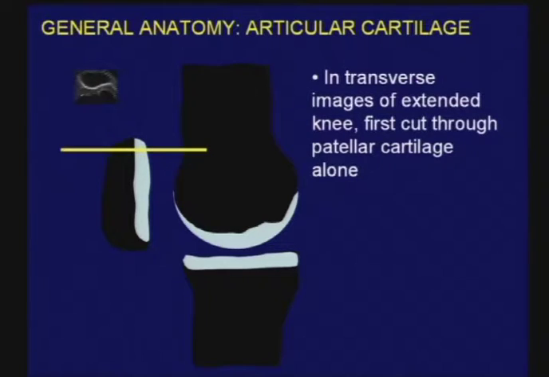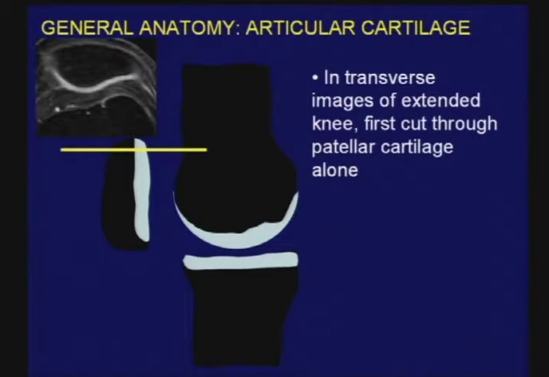If you look at your transverse images, and this is the level of this one, I want you to note that when you sample the articular cartilage on a high transverse image through the patella, you are not sampling the trochlear cartilage. So it's very easy to say, boy, look how pretty this articular cartilage is, and there's extensive loss of articular cartilage in the trochlear surface.